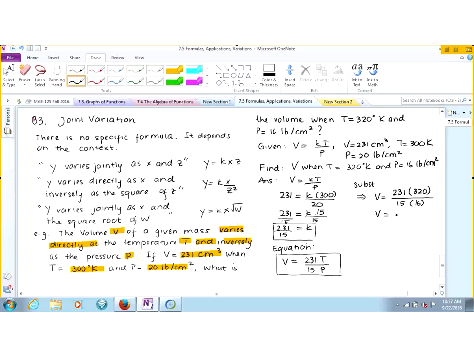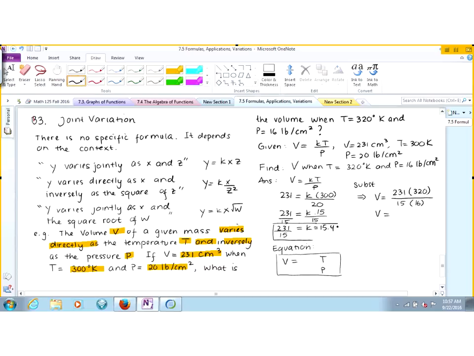Oh, 231 over 15, maybe you could reduce, can't you? What is 231 over 15? 15.4. You could just write 15.4 here instead of these, or you could write the whole thing. It doesn't matter. So this is 15.4?